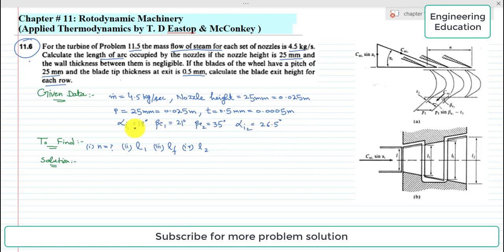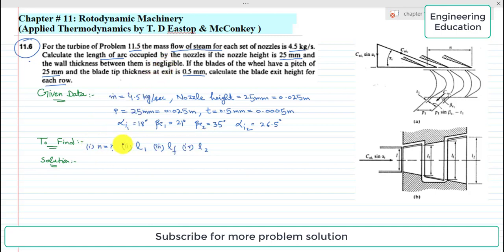In other words, we can say that this is for first row, this is for fixed row, and this is for second row. These angles will be used in calculations.